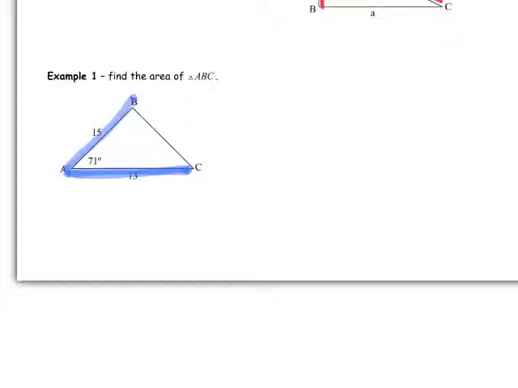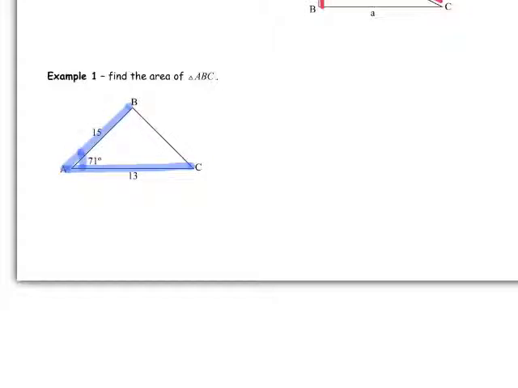And it also gives you that included angle. That's what the included angle is, it's the angle between the two sides. So this is exactly how I want it to be for my formula. Okay, so since I already have everything I need, I'm going to go ahead and start.